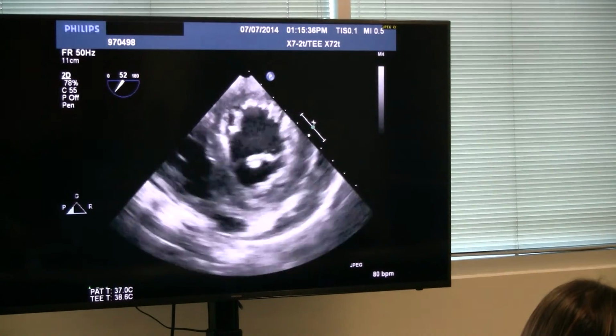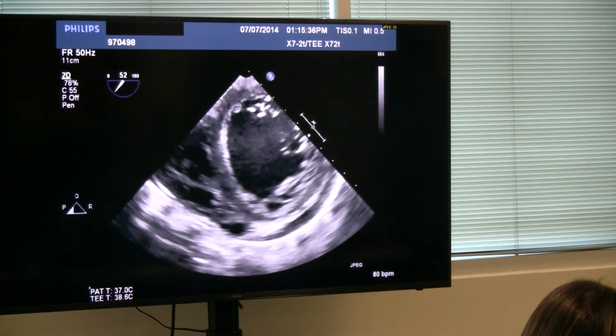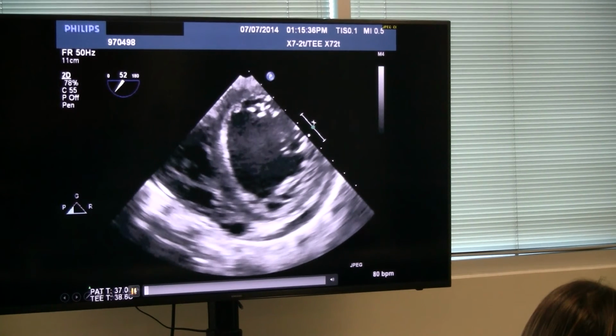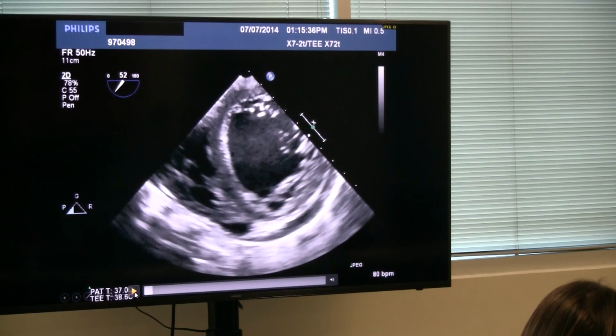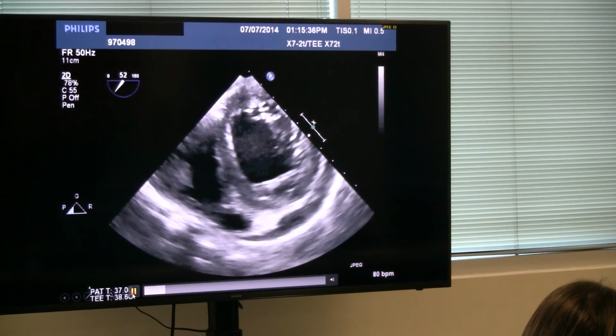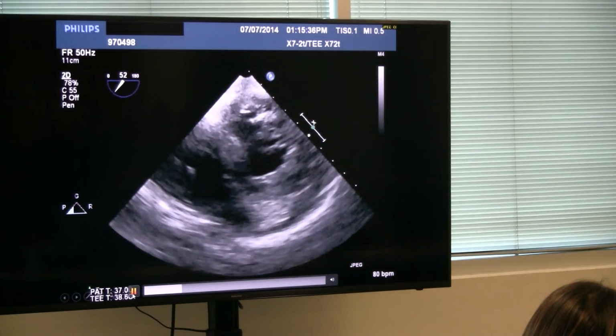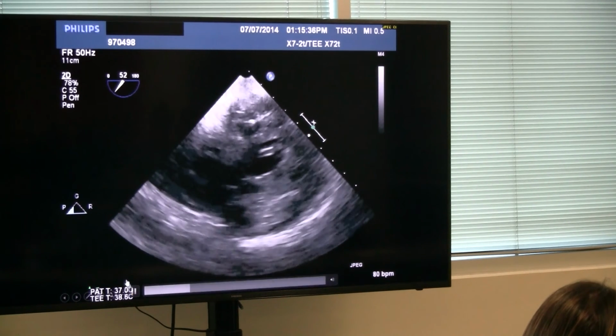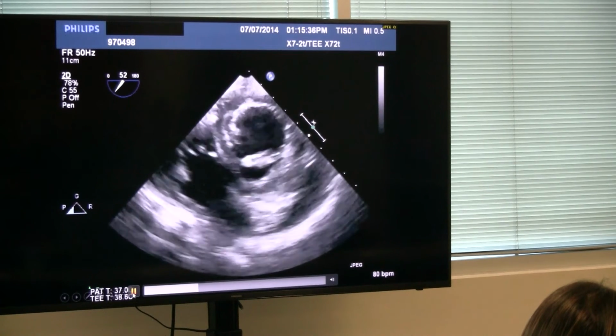So commonly, again, you have to learn the associations. I don't know why it doesn't keep on playing, but let's see. But this shows you the presence of a cleft in the mitral valve.